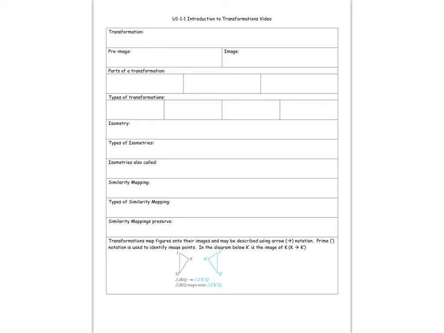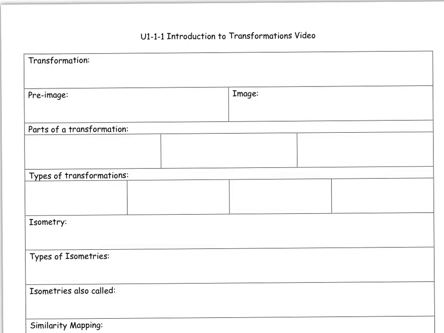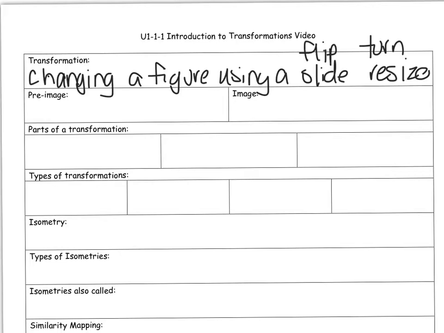Okay, first we're going to talk about what a transformation is. A transformation is changing a figure using a flip, slide, turn, or to resize it. So we're going to look at specific names for the flip, slide, turn, and resize.